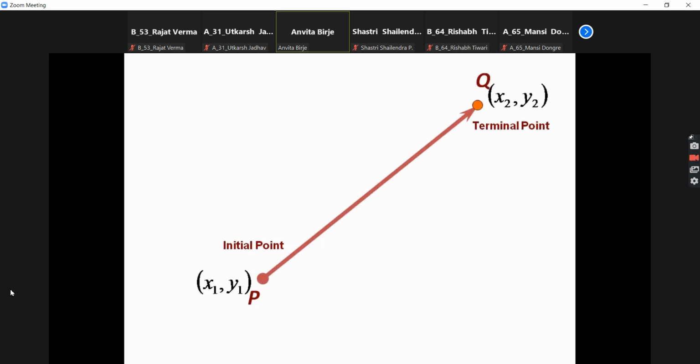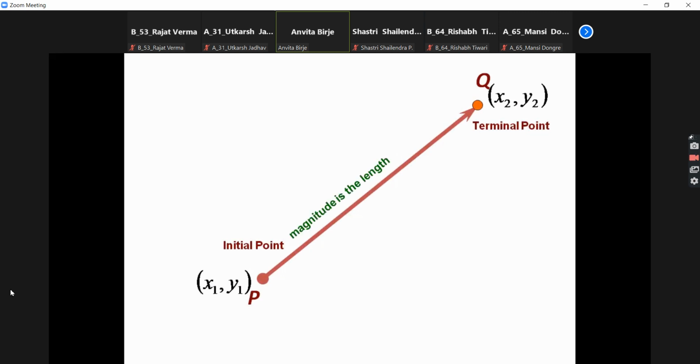So if you have these 2 points, and suppose that there is a vector from the initial point P to final point Q, then how do we write down this vector? Okay, very important. Students can't even write this. So understand how to write down a vector. It is very simple.